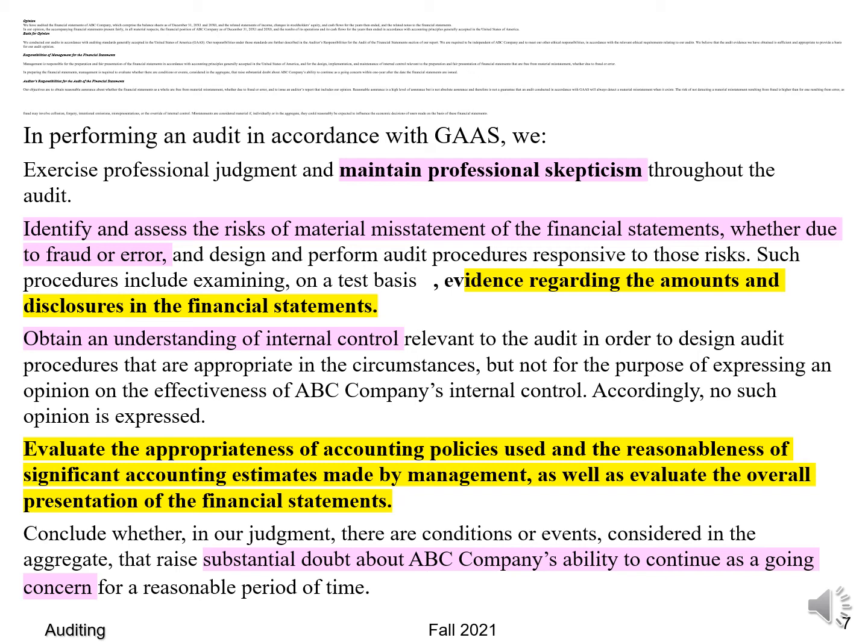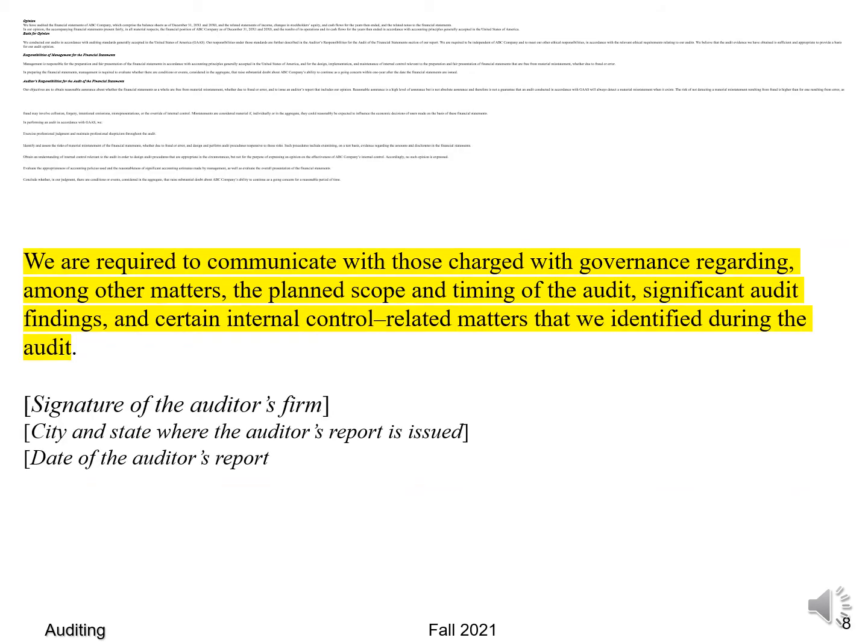Then in lavender, again, I got that substantial doubt about the abilities of the company to continue as a going concern. And again, we'll hit that a little bit in chapter 3. So hopefully you're seeing how a lot of these terms flow through, okay, from the objectives into the report. And this is for the last chapter.